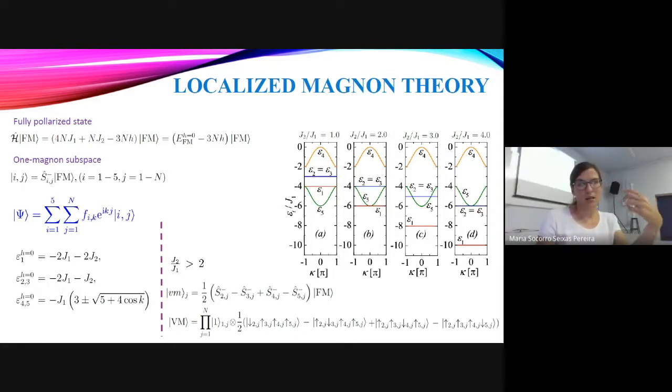The lowest energy eigenstate of the octahedral chain will be a bound magnon crystal phase with the largest possible number of bound magnons on the octahedral chain. It means on each square plaquette there will be one magnon state.